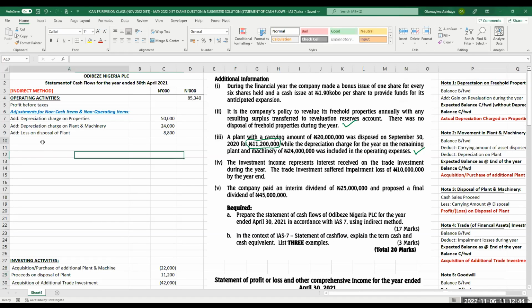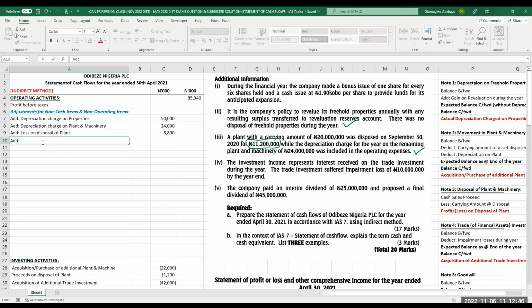Therefore, since they are non-cash items, what do we do? We add them back. Impairment loss on trade investments and impairment loss on goodwill.